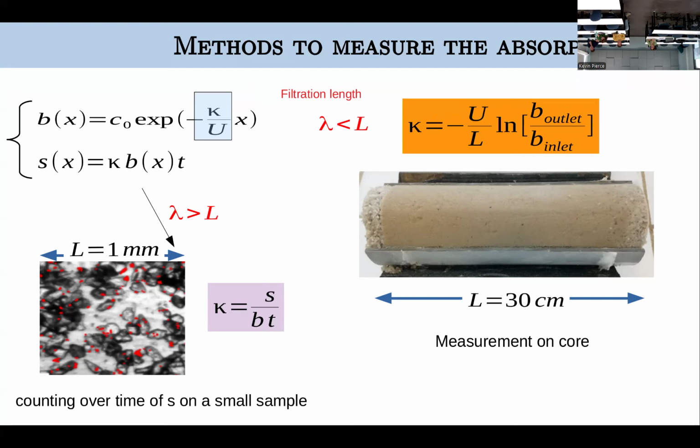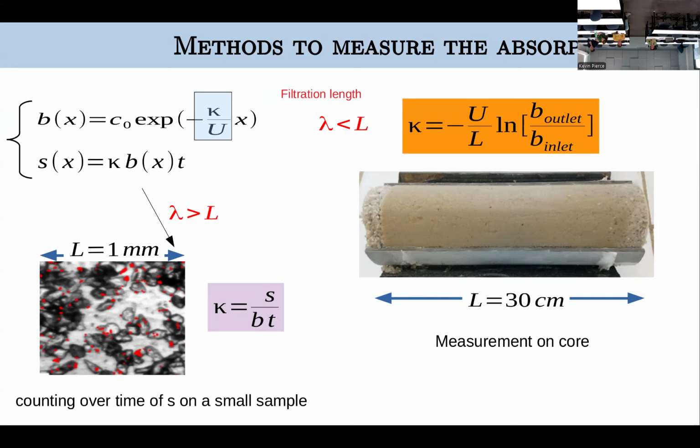You can change the flow rate, you can change the size of the sample, and the absorption rate will be related to the difference of bacteria at the inlet and at the outlet. That's the classical method.